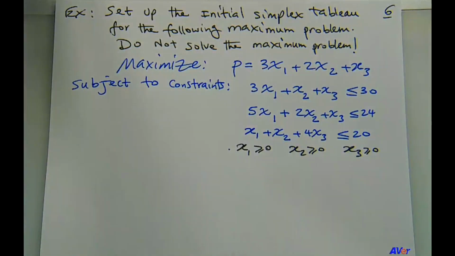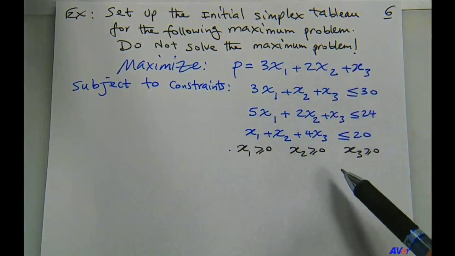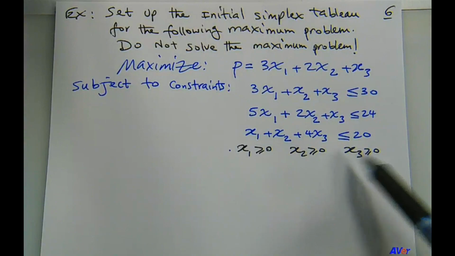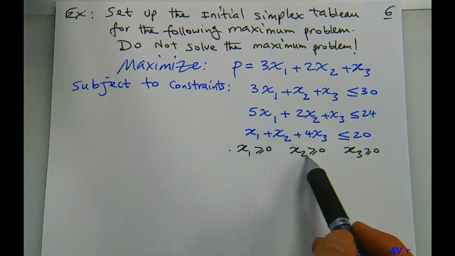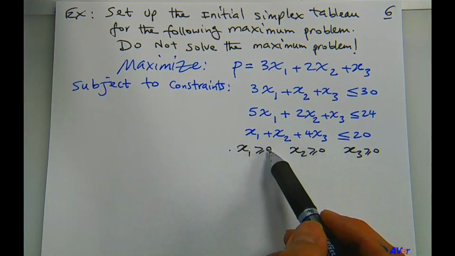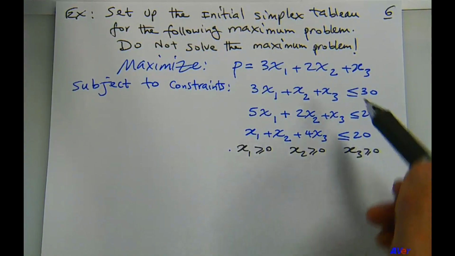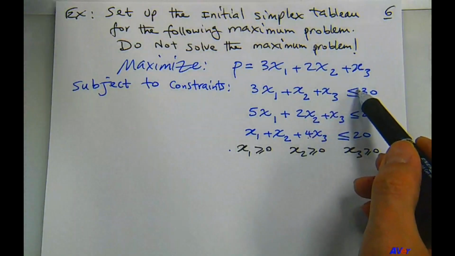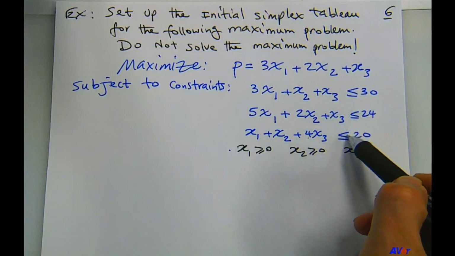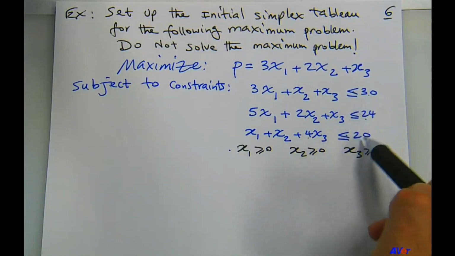Okay, first of all, note that this is a standard maximum problem. So we have all the variables x1, x2, x3 positive. They're all greater than or equal to 0. We have all three constraint inequalities being less than or equal to a positive constant.